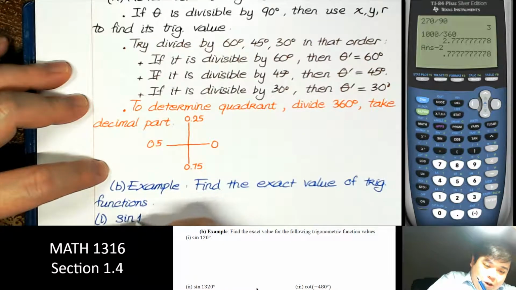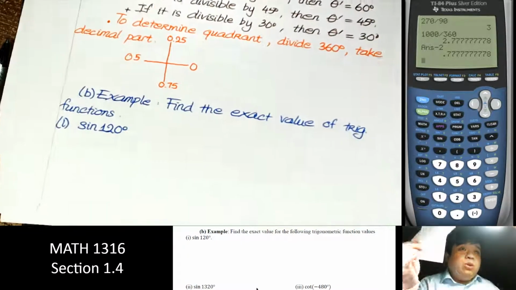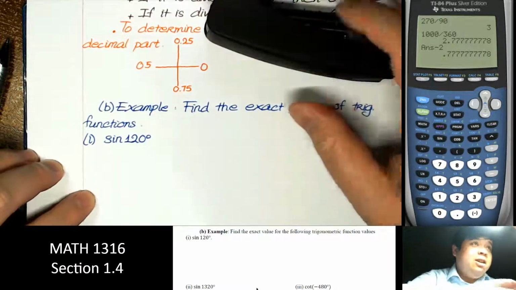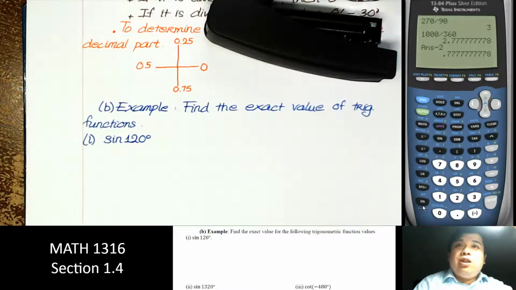Sine of 120 degrees. Right. Now we use the quick reference card that we have earlier. Right, sine of 120. First, I'll just take 120. Actually, when we get used to it, we will do this very quick. But for now, just do it in slow motion.